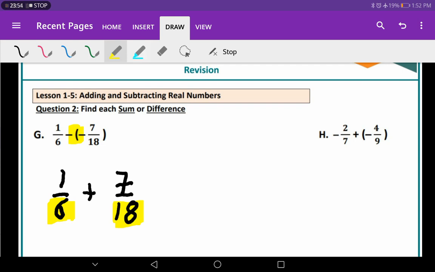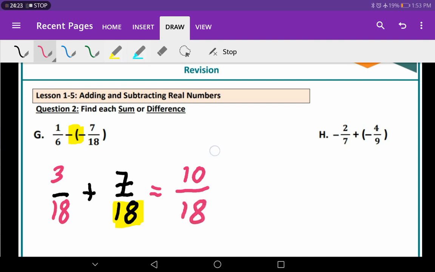They are unlike denominators, so I have to make the 6 like the 18 by multiplying it by 3. So 3 times 1 equals 3, and 3 times 6 equals 18. So 3 plus 7 equals 10 over 18.